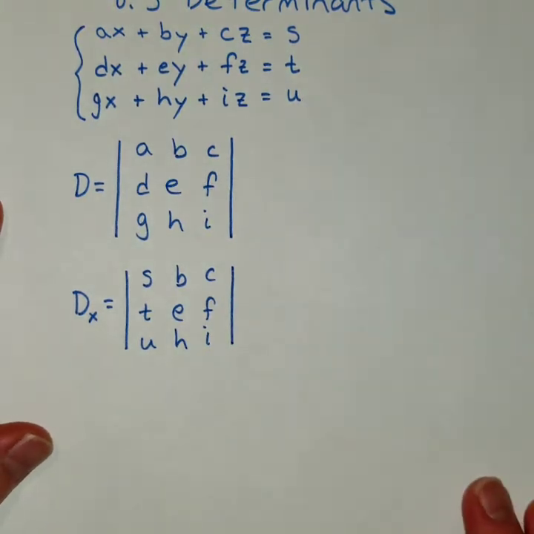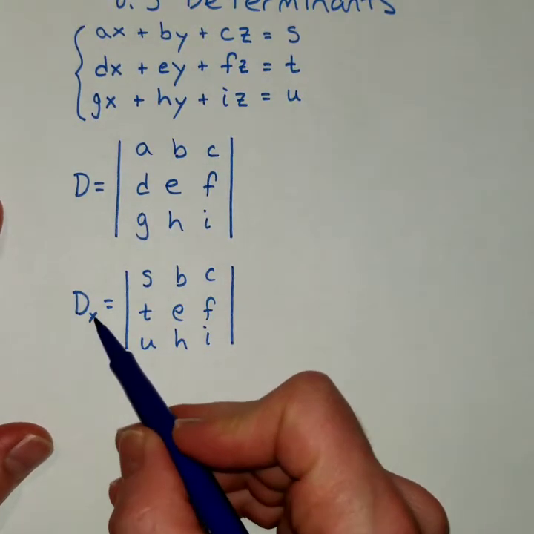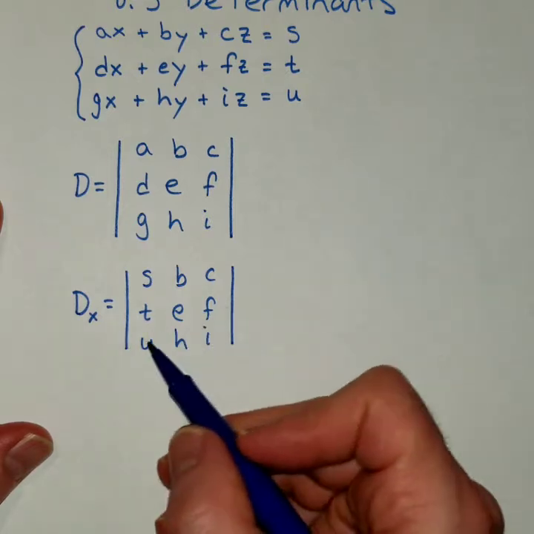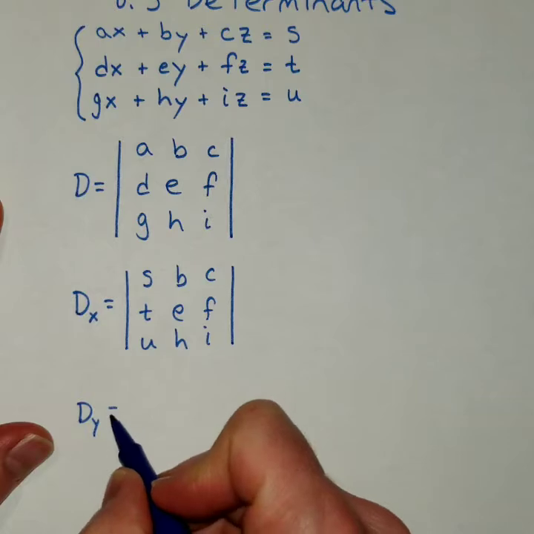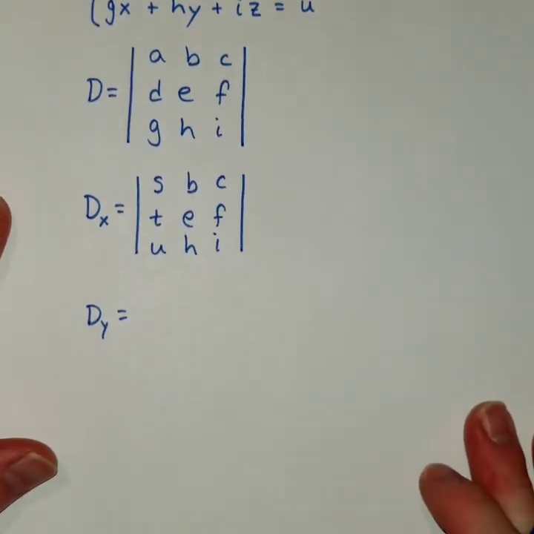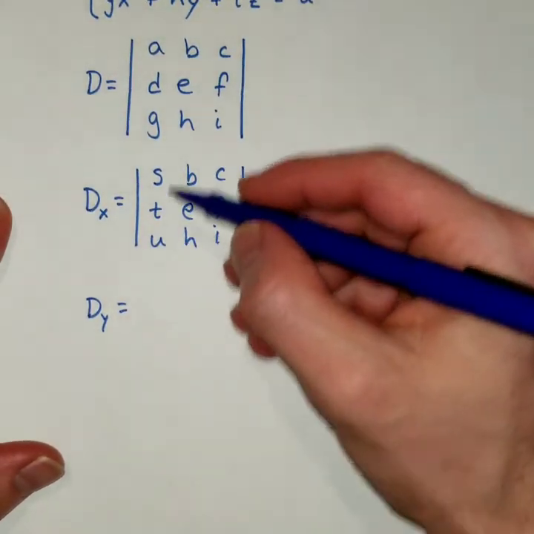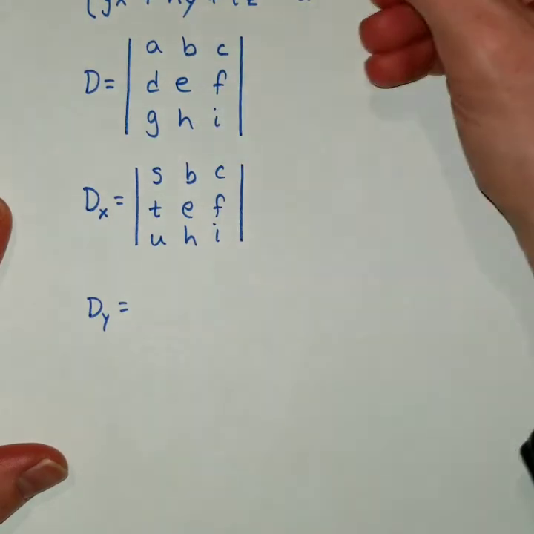Okay. We need a determinant for each variable, so we need a D sub Y, and then we'll also need a D sub Z in this case. So the D sub Y, I replace the middle column with the constants.